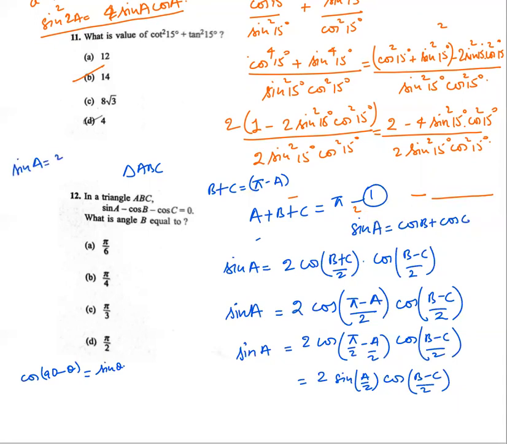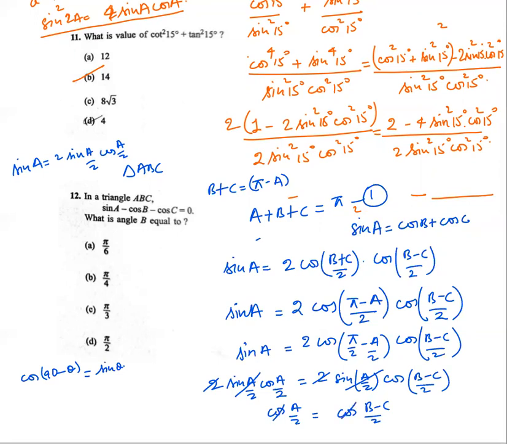Sine A can be written as 2 sine A by 2 into cos A by 2. So I can cancel this 2 and 2, sine A by 2, sine A by 2. Therefore, we got cos A by 2 equals cos (B minus C) by 2, right?